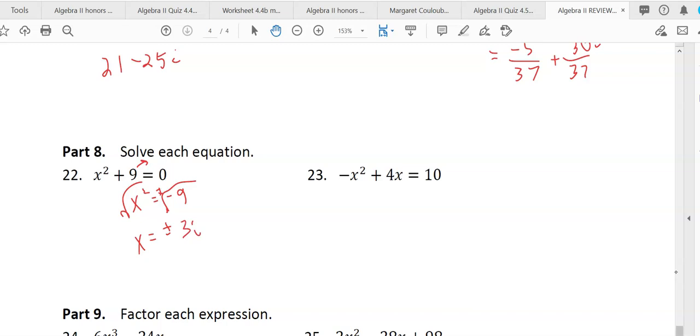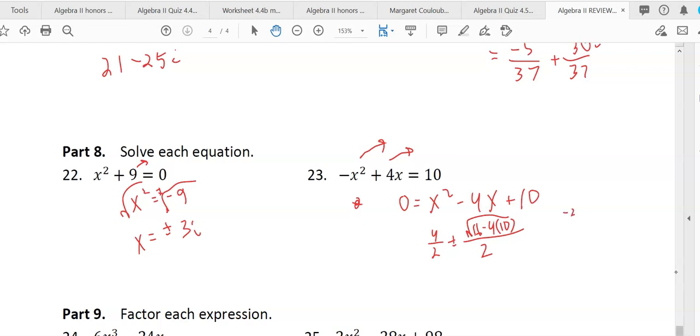Let's subtract 10. Actually, you know what? Let's move these over to this side because that'll make the x squared positive, which I like a lot better. x squared minus 4x plus 10. I don't think that factors. 5 and 2 don't add up to 4. 10 and 1 don't add to 4. So I'm going to do the quadratic formula. Opposite b would be 4 over 2 times 1 plus or minus the square root of b squared, 16, minus 4 times 10. 16 minus 40 is negative 24.